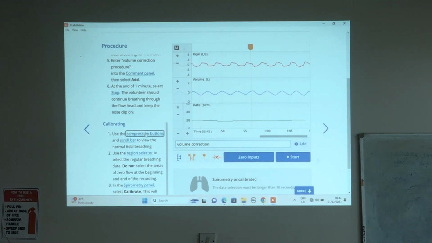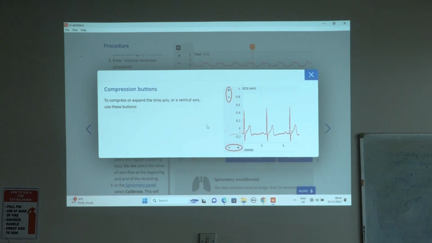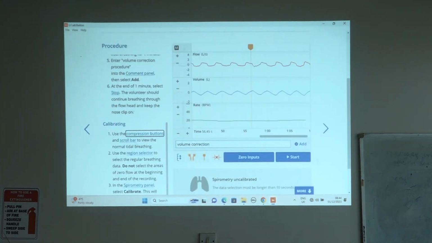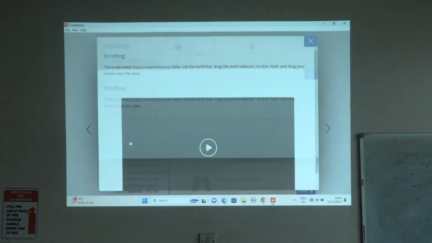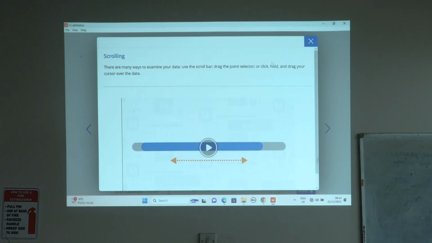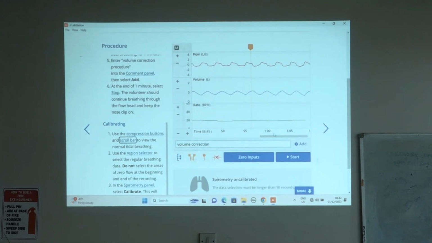Since it's in blue, I'll click on that and I'll find the compression buttons. So you can increase or reduce. There's a scroll bar at the bottom, so we can move back to where we started and move forward.